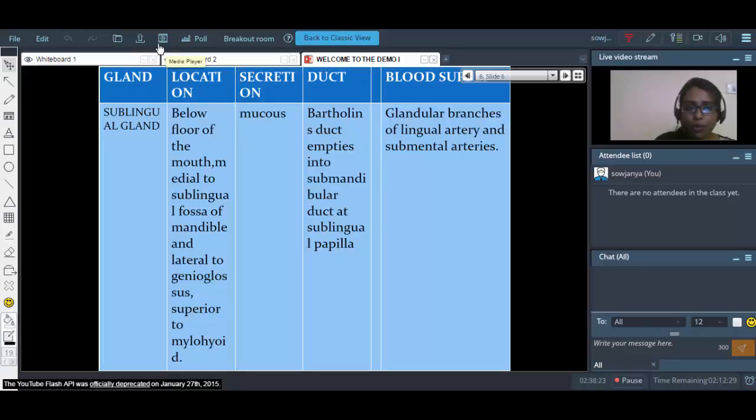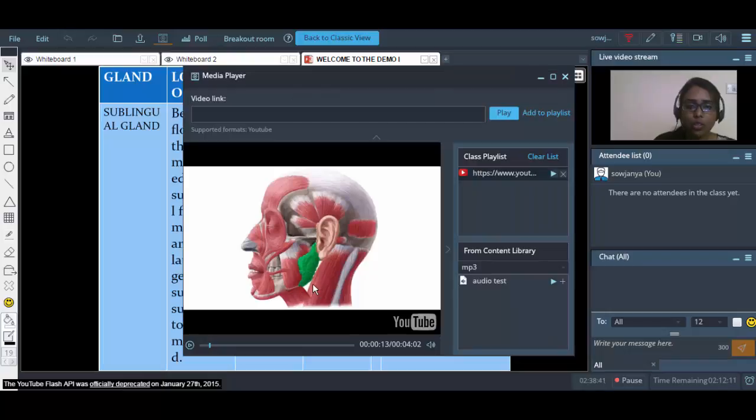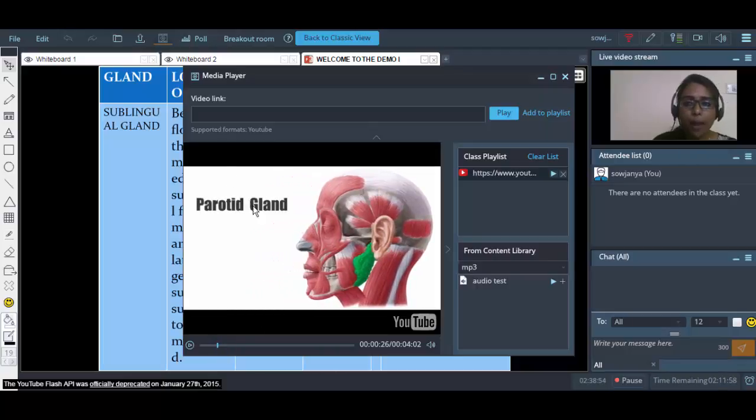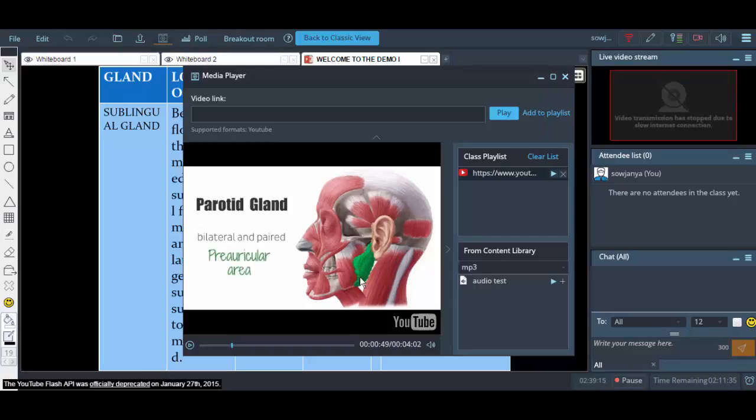Let's check out a video for the parotid gland. We can see the parotid gland, which is pyramidal in shape, present in the preauricular region. The parotid gland secretes 30% of the salivary secretions, and it is a bilateral, paired gland present in the preauricular area.